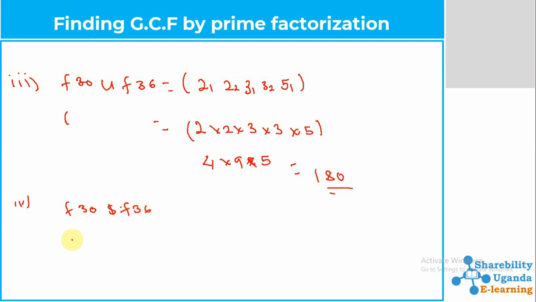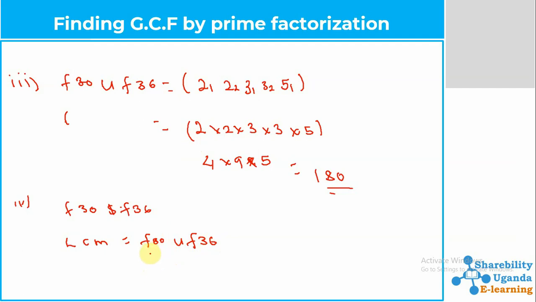Then we can use either of the methods, but we shall still be able to come up with the same answer, because we said the LCM is the same as the prime factors of 30 union the prime factors of 36, which is the same as what we have calculated from here.